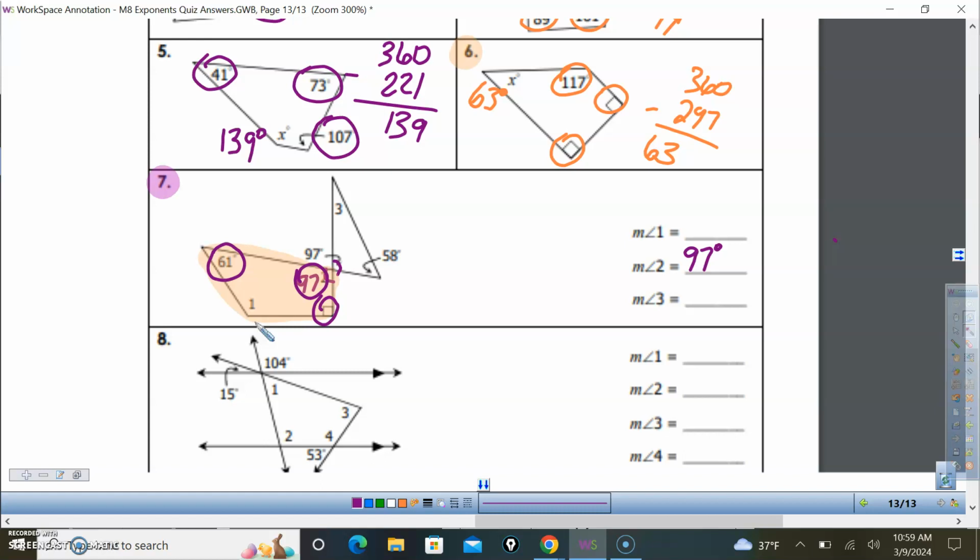So just like I was doing above, I'm going to add 61 plus 97 plus 90. I am getting 248. And since this one is a quadrilateral, I'm going to do 360 minus 248. Angle 1 here is 112 degrees. So for the measure of angle 1, I'm going to put 112 degrees.